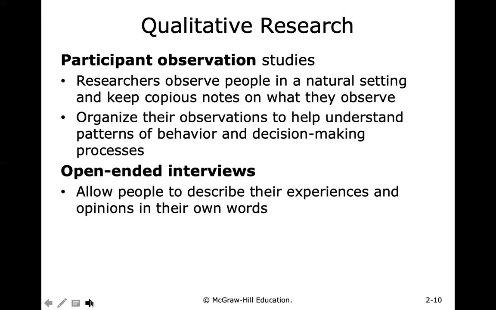So in a participant observation study, I'm going to give this as an example. When I was in my master's program for gerontology, we discussed in our research class a research study about looking at the habits and the social structure of three different locations at mealtime.